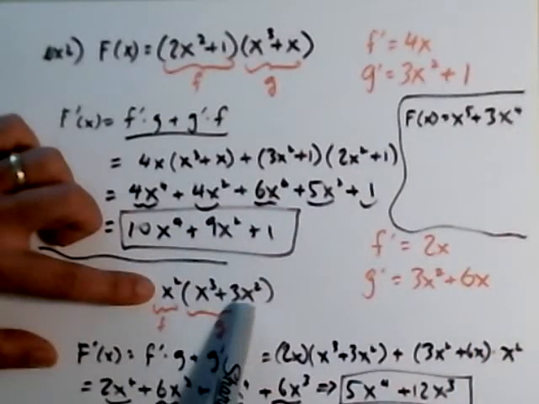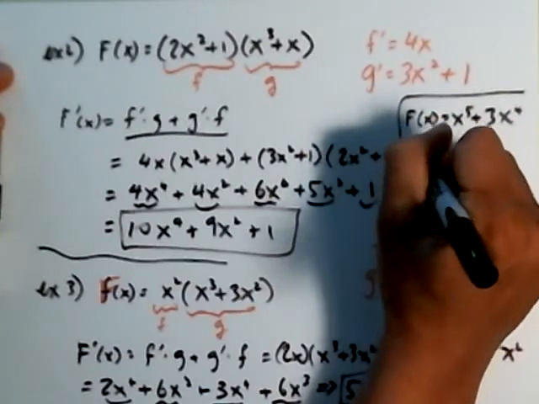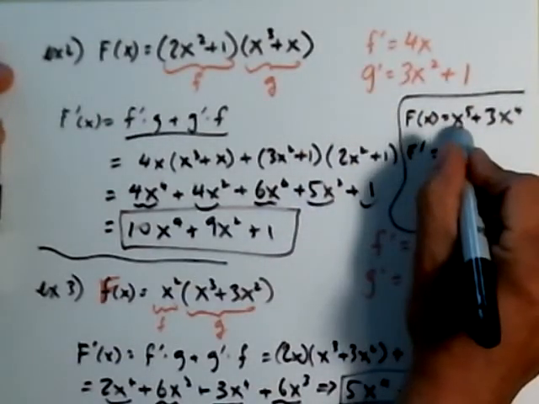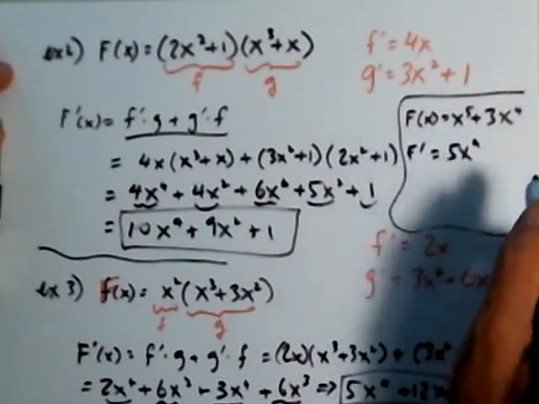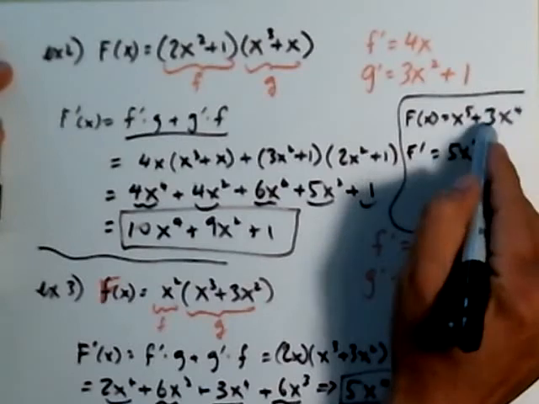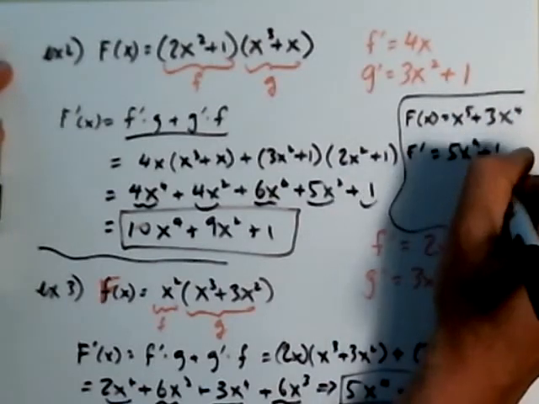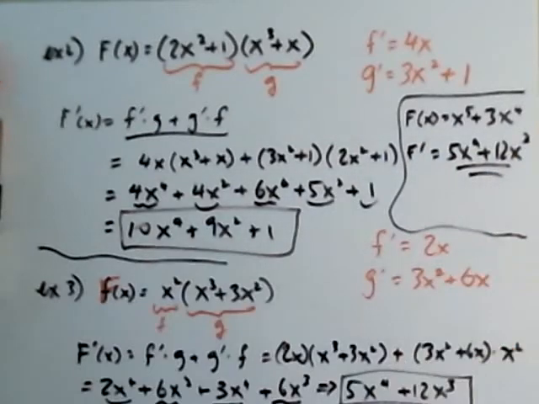X squared times 3x squared is going to be 3x to the 4th. Simple way, f prime is equal to, bring it on down, subtract 1, it's going to be 5x to the 4th, plus, drop down the plus sign, x to the 4th times 3 is 12, and subtract 1 and the exponent is cubed. There's your derivative function.